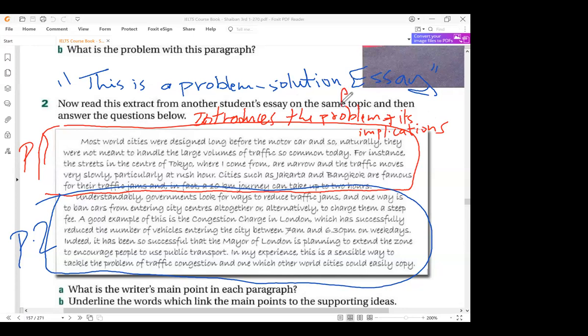It introduces the problem, we say fully. That's very important, the word fully.